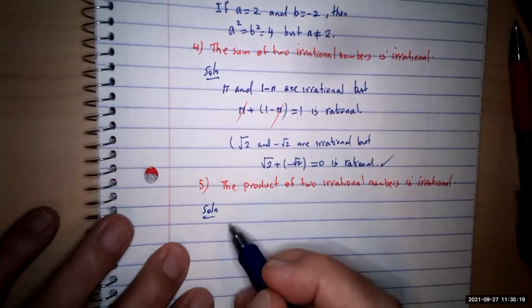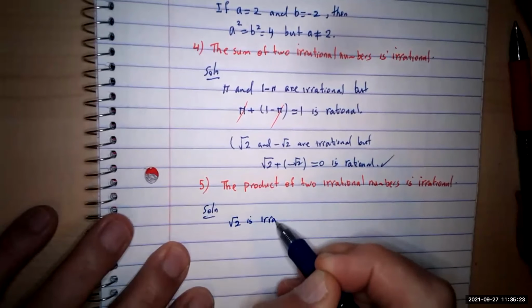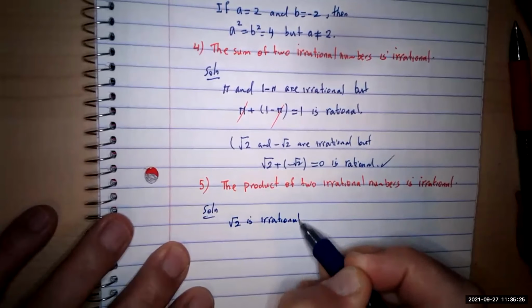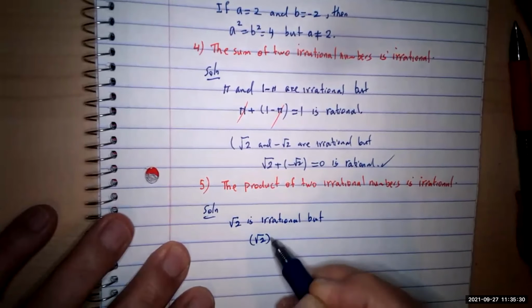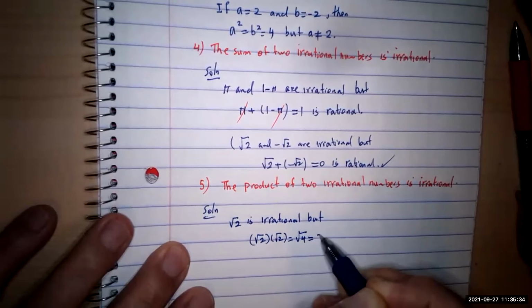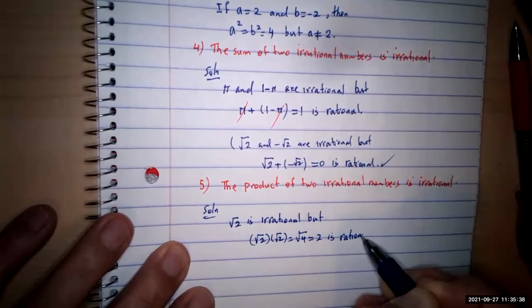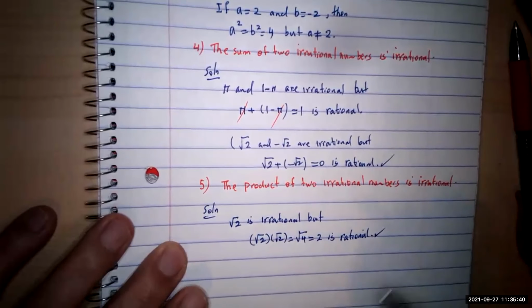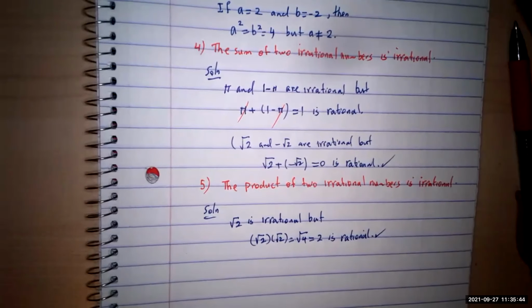Radical 2 is irrational, but radical 2 times radical 2 is going to be radical 4, which is 2, and 2 is rational. So this is the way you're going to reject this fact.